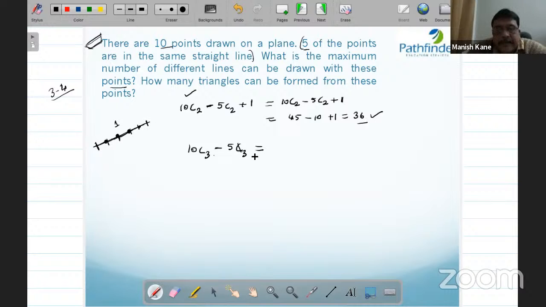So 10C3 minus 5C3. So this must be 120 minus 10C3 is 10 into 9 into 8 upon 6. This gives you 4, 3. So 120 minus 10, that is 110. I hope this solution is clear to you.